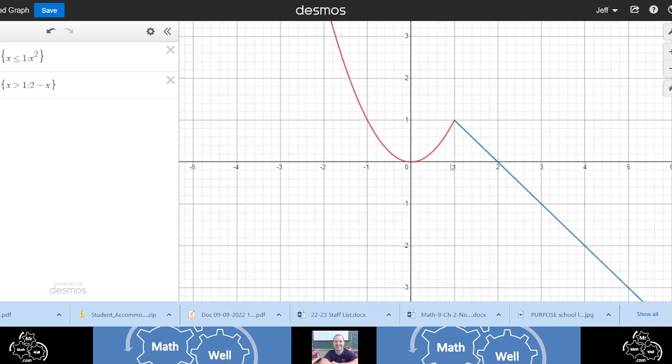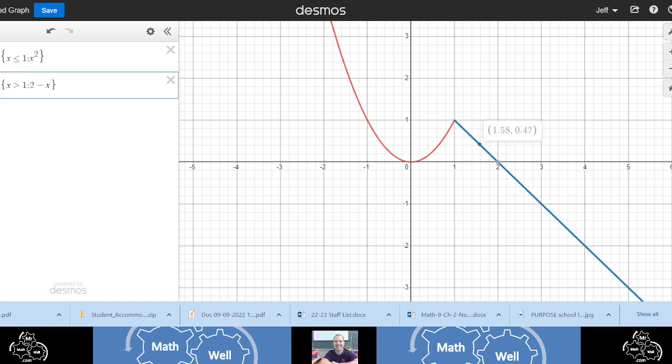So as x approaches 1 from the left, I don't know if you guys can see that there, look at the y values: they start to approach 0.7, 0.8, 0.9, 0.9798, boom, 1.